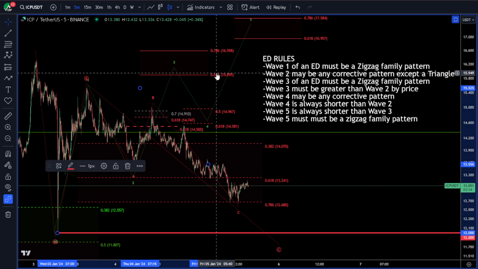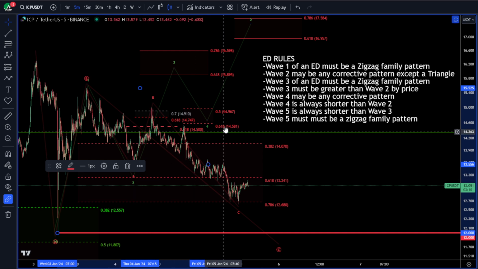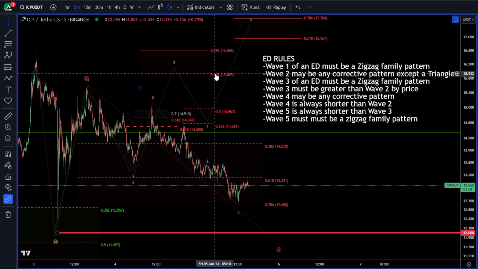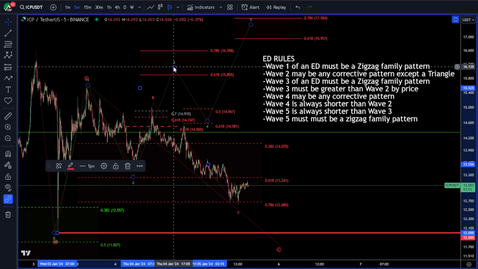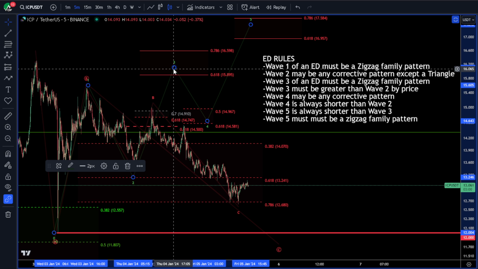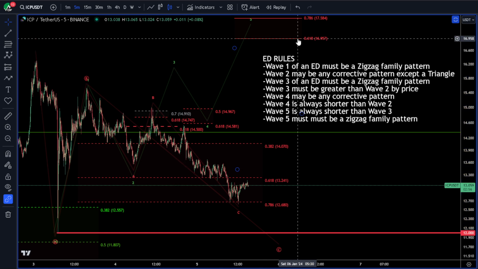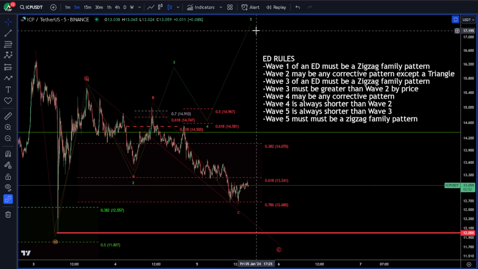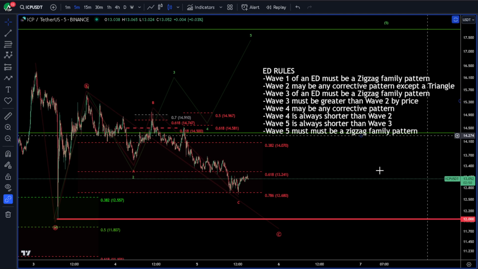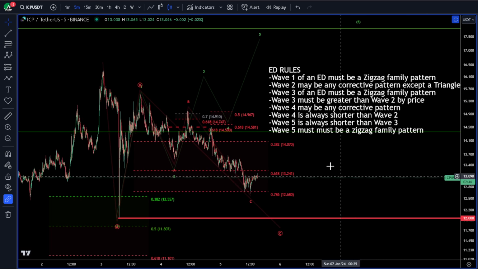Now, as I explained yesterday, when we retrace between the 382 and the 618, I usually target the 618 to the 786 for our next wave in an ending diagonal. When we come deeper than that, then I usually target between the 1.236 and 1.382 for our third wave, and then the 1.618-ish area for our fifth.